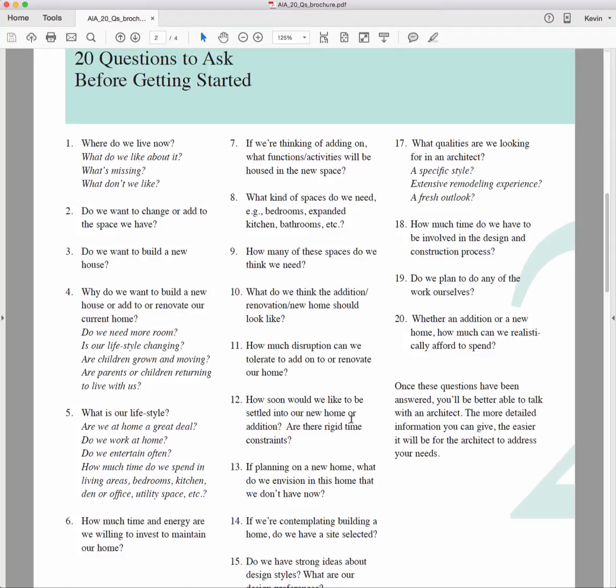Well, what kind of functions do we need to do our business process? How many of these spaces do we think we need? How many people are going to be using the information system solution? What do we think the addition, the renovation, the new home should look like?